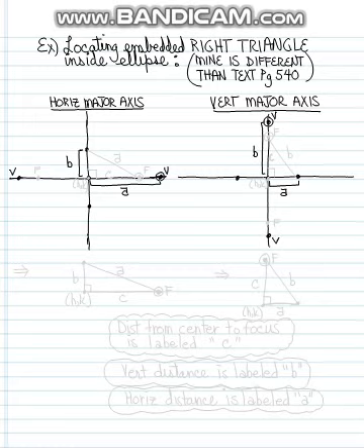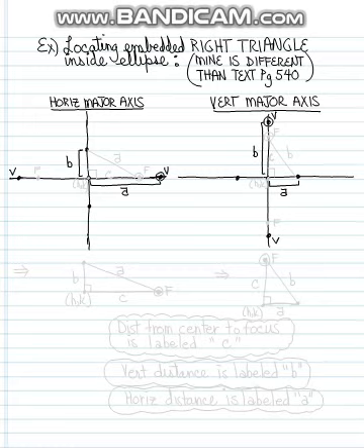Okay, but that distance is, so you can see the distance from the center in the horizontal major axis example on the left. The distance from the center out to the vertex is called A. But in the vertical major axis example, that distance from the center up to the vertex is called B, because I always label the vertical distances B and the horizontal distances A.